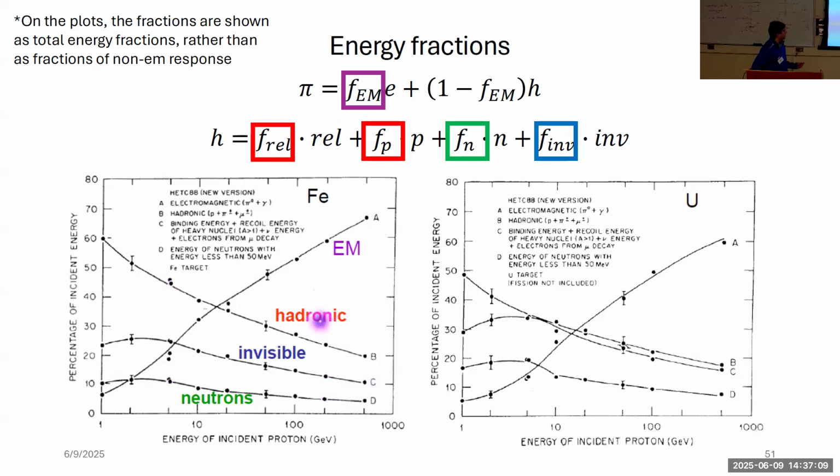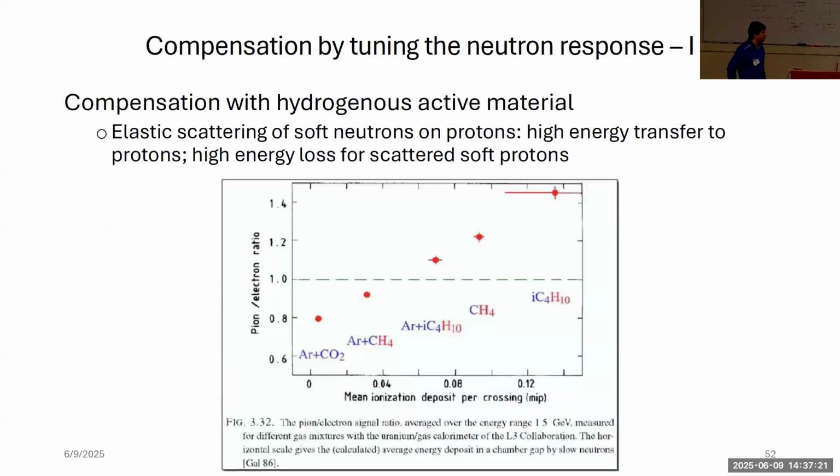Okay, and basically the idea is that the response to this is of course 0, and then there's different responses for these three. So these three parts leave different signals. So in order to actually create a compensating calorimeter, you would need to tune your H response in order to get the E over H ratio to equal 1. So there's a couple ways to do this.